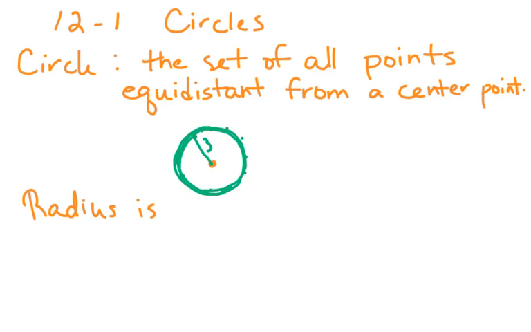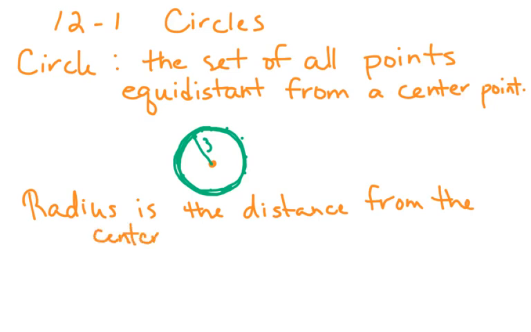So the radius is the distance from the center to a point on the circle. I said it's both a distance and it's a segment.